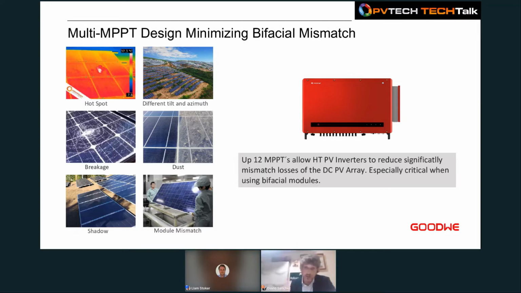So this is where multi-MPPT topology is changing the market. In my opinion, central inverters will probably have to bring a different concept, because only with multi-MPPT topology can you get the maximum possible performance of bifacial modules. In our case, as I said, our K version has 12 MPPTs, our KM version 6 MPPTs.